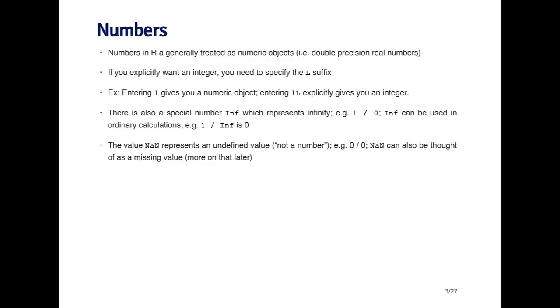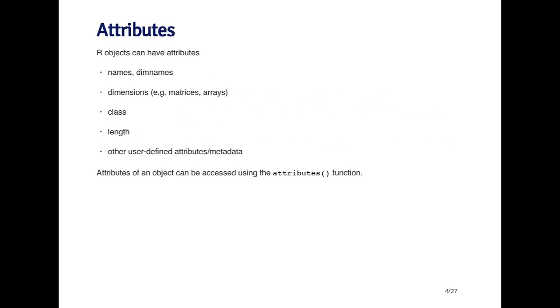There's another special value called NaN, and this represents an undefined value, so you can think of it as not a number. For example, if you take 0 over 0, that's not defined, so you'll get a NaN back. NaN can also be thought of as a missing value, but we'll talk more about missing values a little bit later.